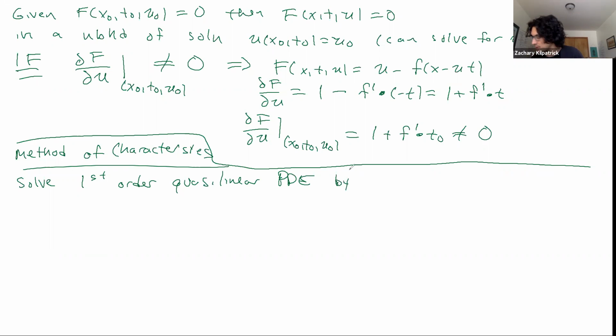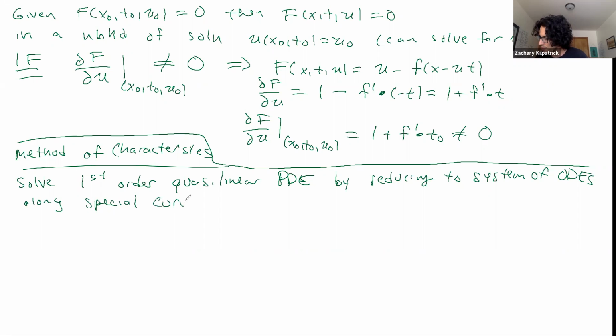And the idea, and this is a trick we'll come back to over and over again in solving PDEs, is to reduce it to a system of ODEs, okay, along some special curves, okay? And what are these special curves called? These are the curves called the characteristics, okay?